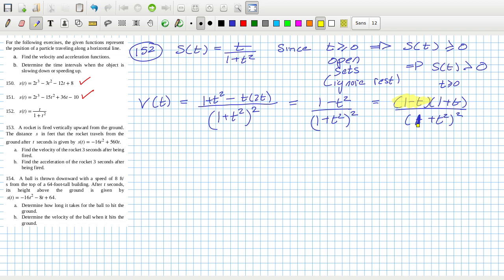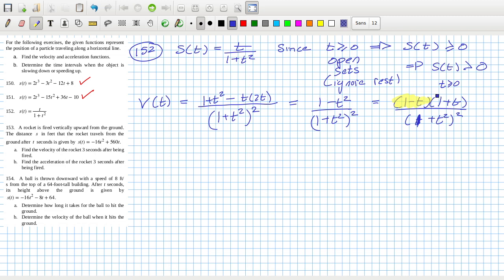But since the ST is always positive, it never goes in reverse, right? If the ST is always positive, it's always moving forward. So, yeah, okay. And it comes to rest at 1 second, and then continues forward again.